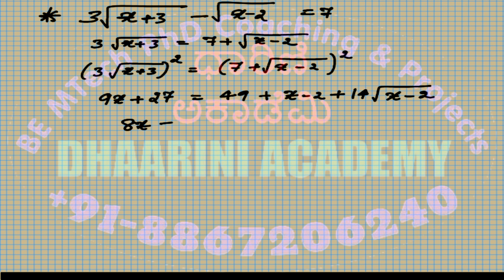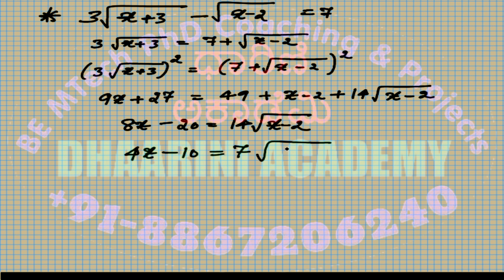So this minus 20 should be equal to, on the right hand side I am left with 14 into root of x minus 2. So I can take out 2 common. So when you take 2 common from everything, you are left with 4x minus 10 equal to 7 into root of x minus 2.